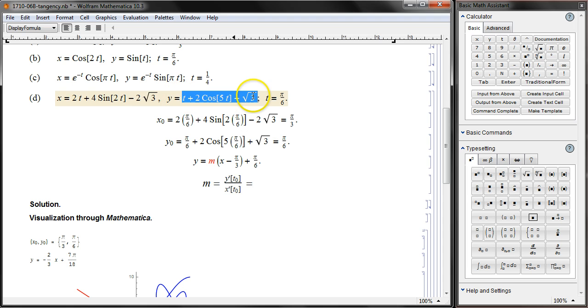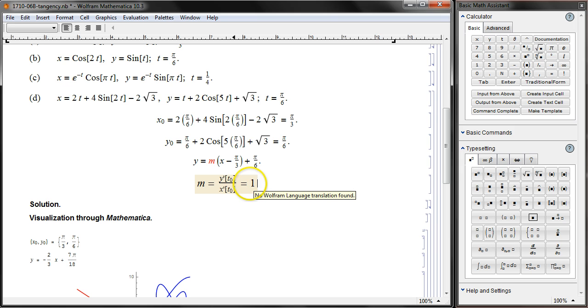Derivative of t is 1. Sorry. Derivative of 2 cosine of 5t, what is this? Minus 10 sine of 5t. The derivative of cosine is negative sine, and by the chain rule we multiply by 5, so that's what we get.